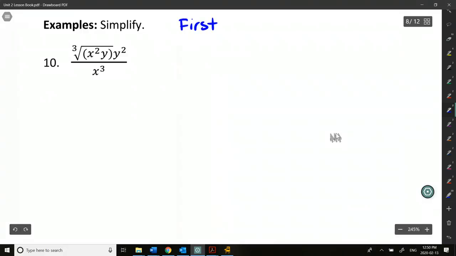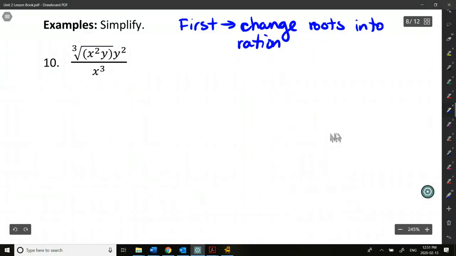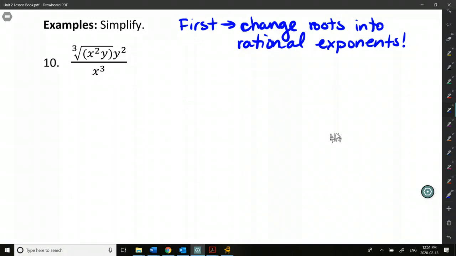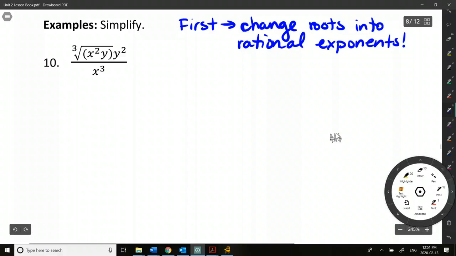So that's always going to be your first order of business, change roots into rational exponents or fraction exponents. Okay, and then you can start gathering common variables and using your exponent rules and so on.